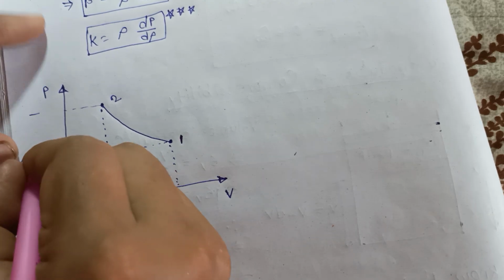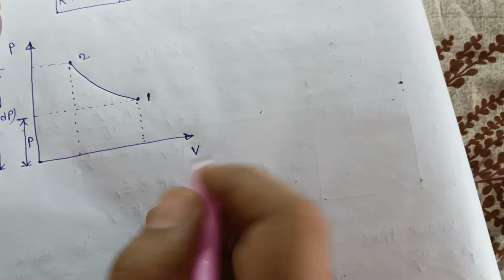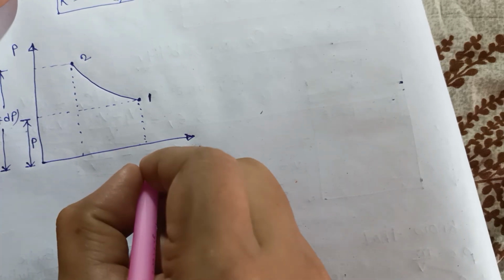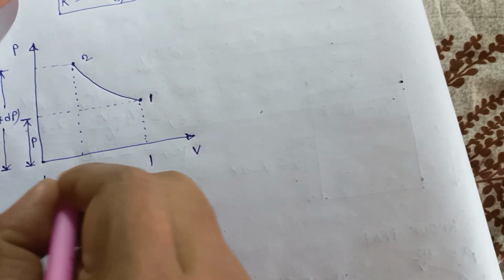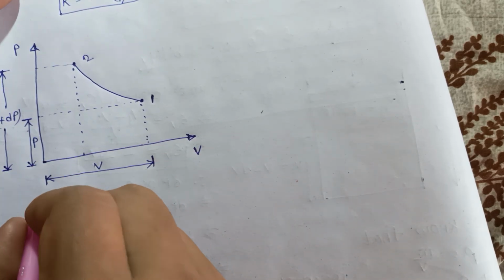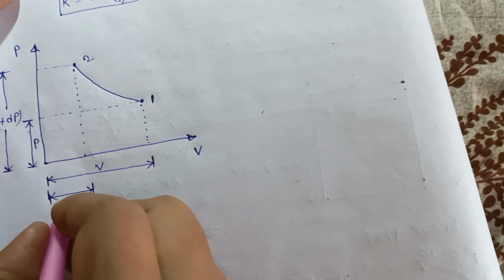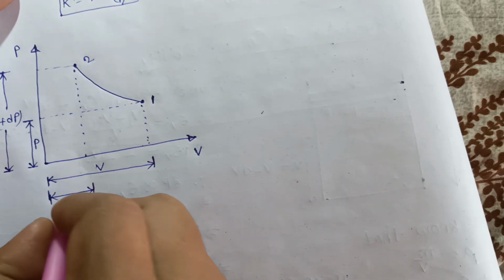And what is our initial volume? The initial volume is V. And what is the final volume? This is our final volume, that is V minus dV.